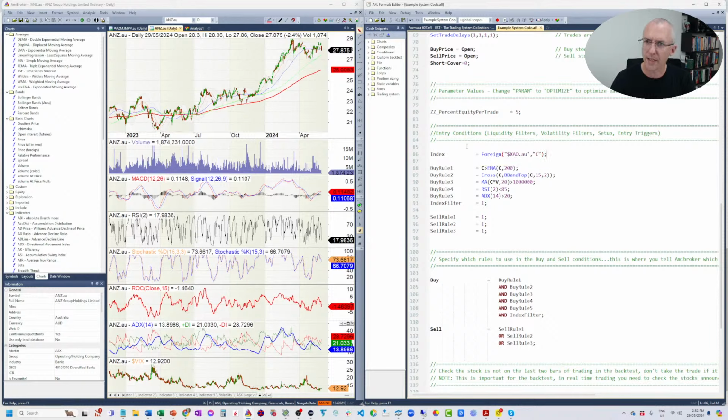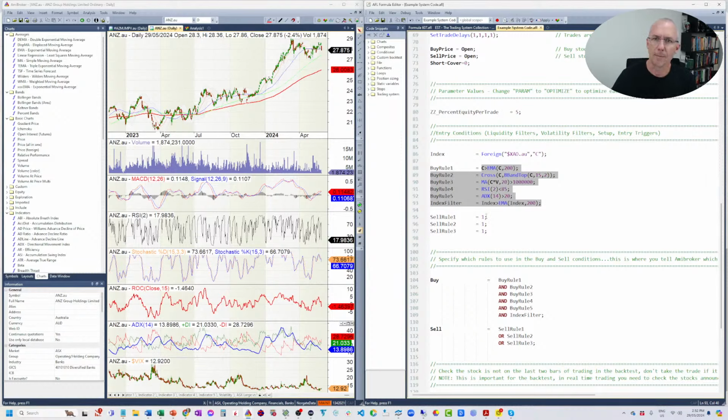So the index is the XAO. And then for the index filter, we're going to say that the index has to be greater than the EMA of the index. Which EMA? The 200-day EMA. All right, so that's our setup rules. That's enough to start with. That's actually a lot of rules, and I suspect we're going to simplify this down, but let's give it a crack and see what happens.